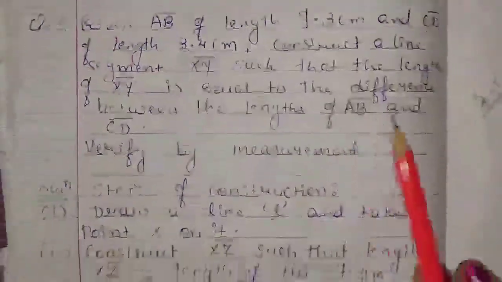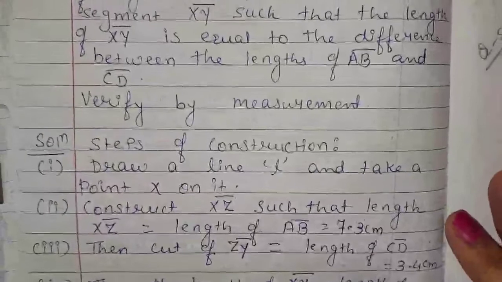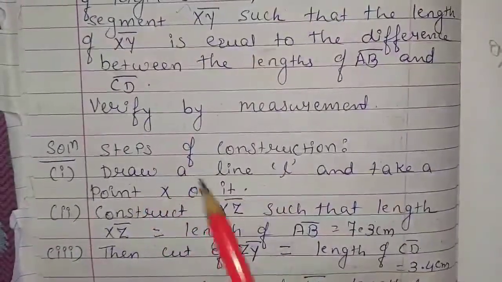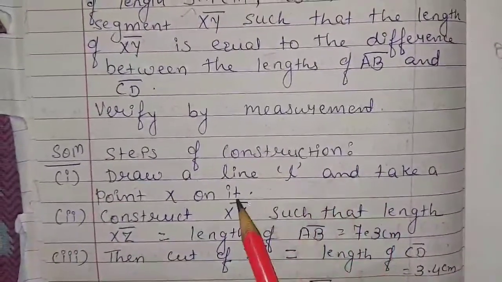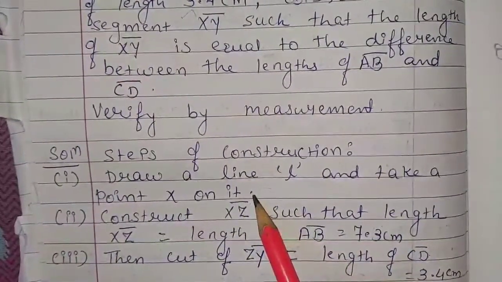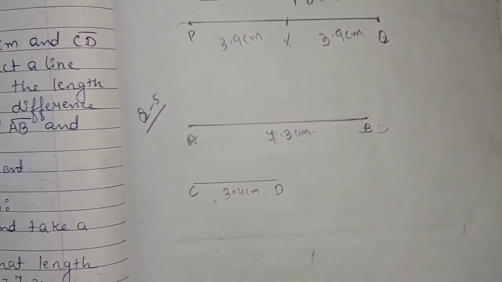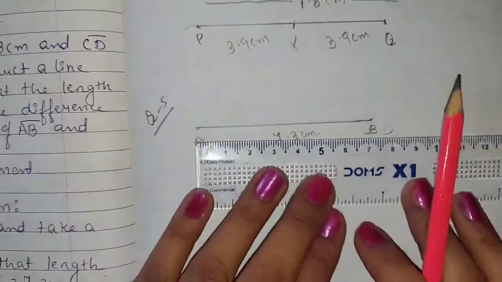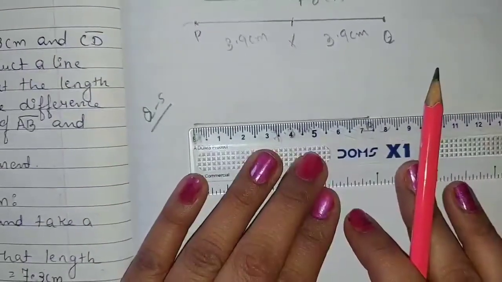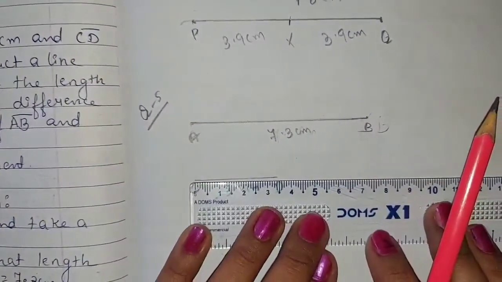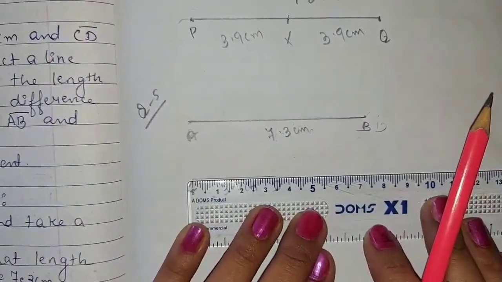Steps of construction. First, draw a line L and take a point X on it. So students, first of all, let us draw this step. Here line segment AB of 7.3 cm we have drawn, that is given in the question, and line segment CD, that is 3.4 cm, is drawn.